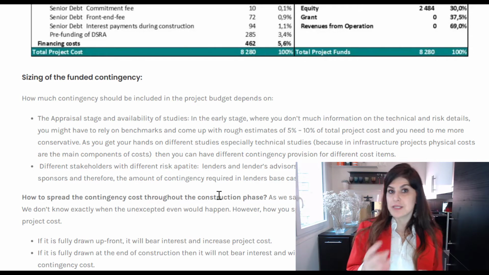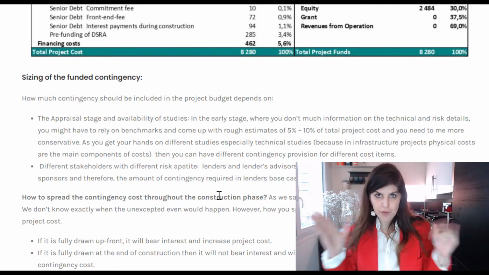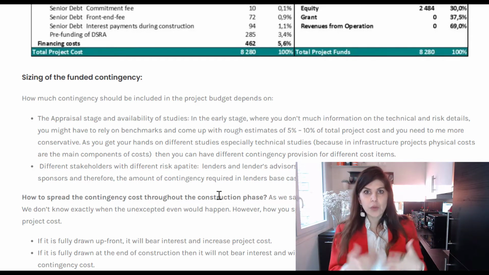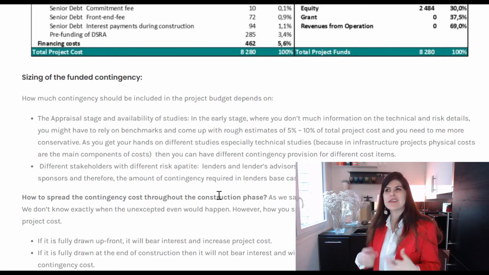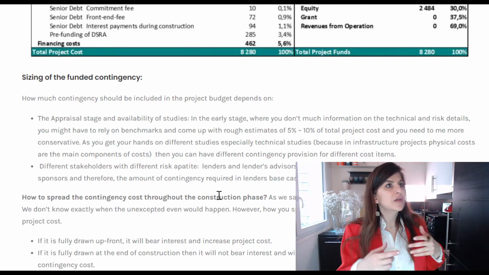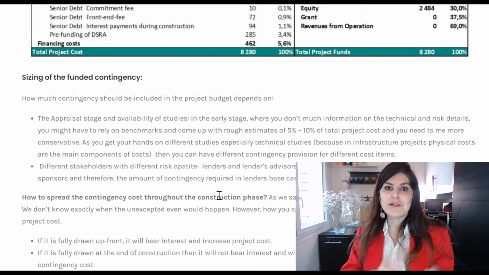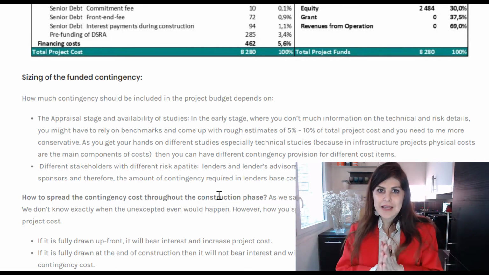Regarding the sizing of this contingency, it also depends on where you are in terms of the appraisal of the project. So at the beginning, when you just started with the appraisal, you maybe haven't even started negotiating with different contractors, you're just receiving bids from the different construction contractors. So nothing is yet firmed up.